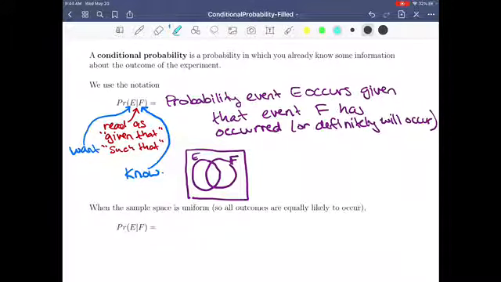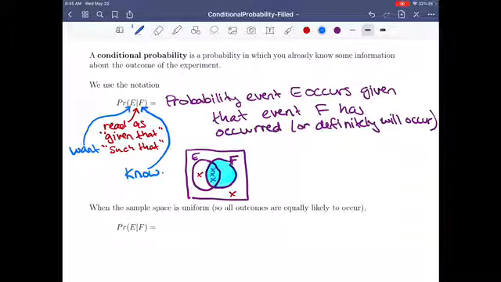So when I do the experiment, I have to pick among things that are in this blue circle. Everything else is kind of off limits. We're definitely not picking anything here, and we're definitely not picking anything out here. So we know those are gone. And then what this is asking is, what is the probability that we actually pick something in here?